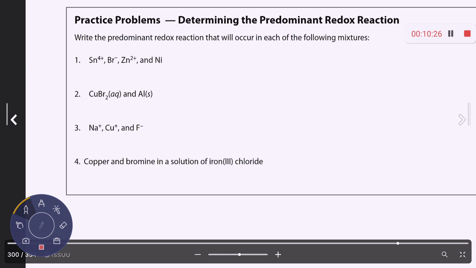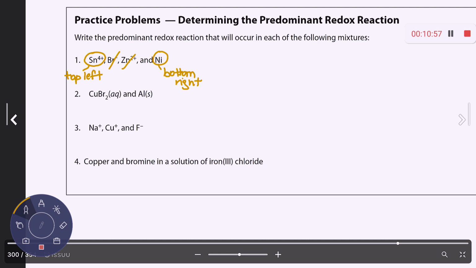Sn plus 4 is higher than Cn plus 2. Yeah, so this is top left. Ni is lower than Br minus 1. Yeah. So this is on the bottom right. So that means these other two are irrelevant. They're in the middle somewhere.